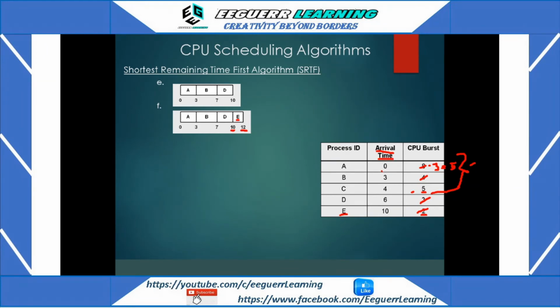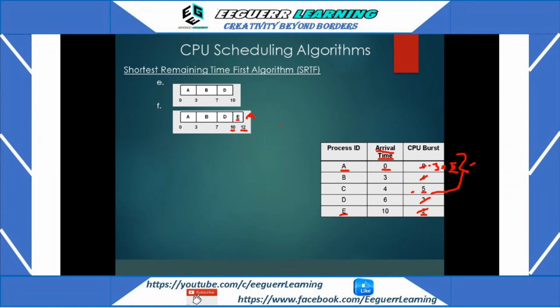So the CPU scheduler will schedule the arrival time of 0, which is from process A. So in our Gantt chart, the CPU will schedule letter A here and will be adding 5 to 12.